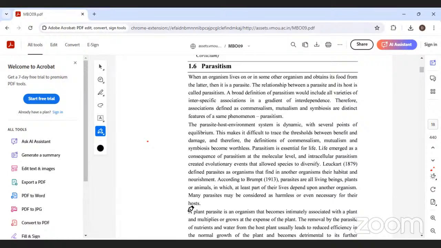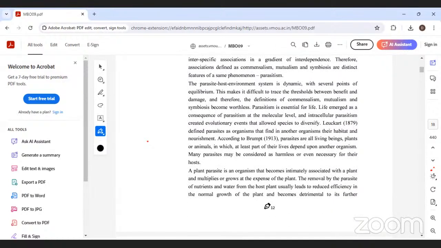According to another scientist, Brumpt in 1913, parasites are all living beings, plants or animals, in which at least part of their lives depends upon another organism. Many parasites may be considered harmless or even necessary for their host.